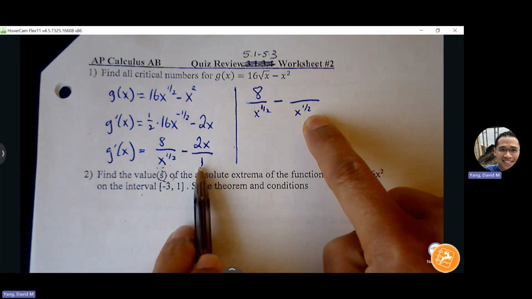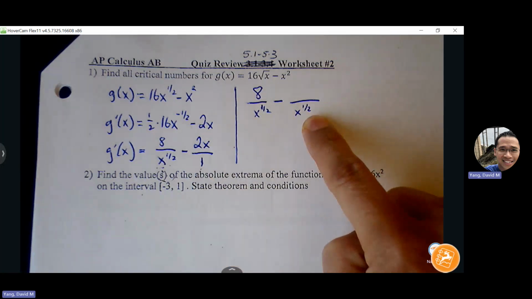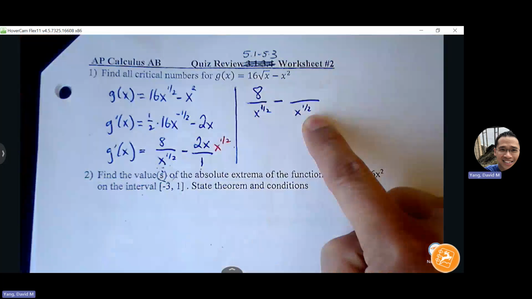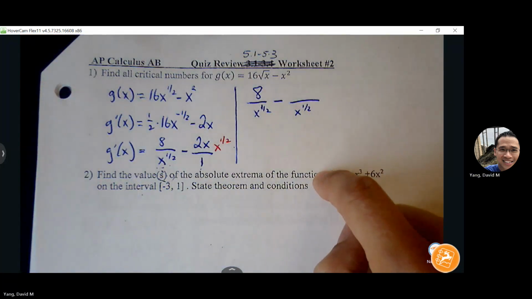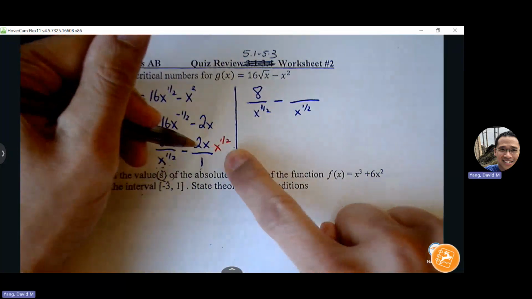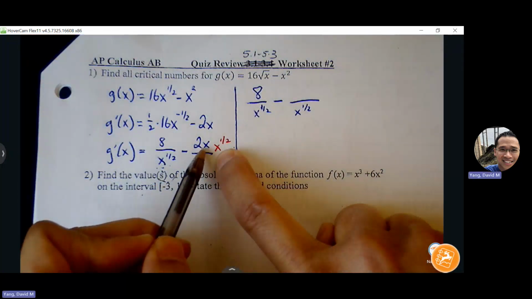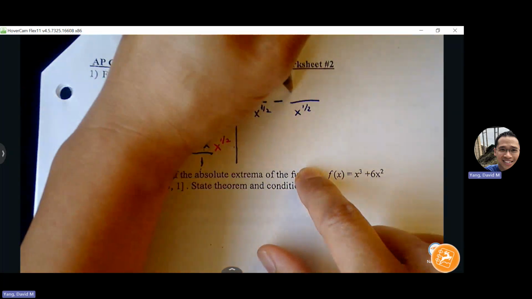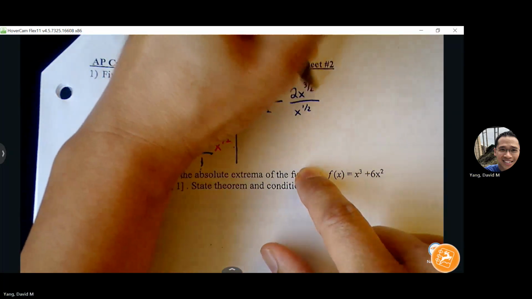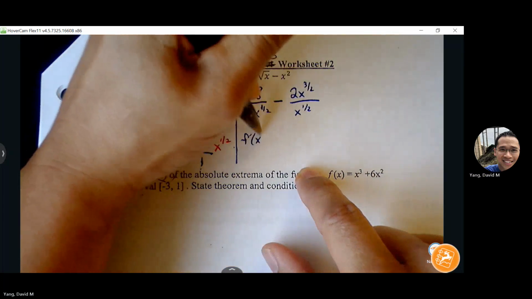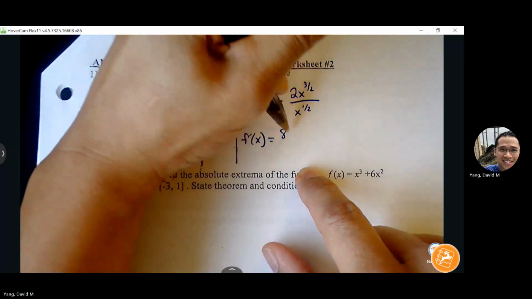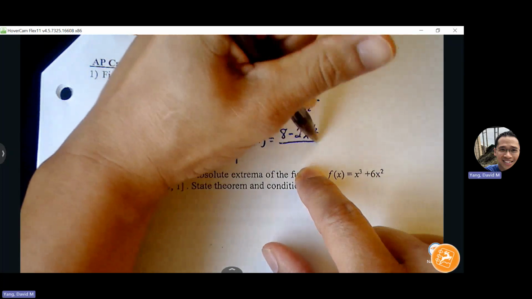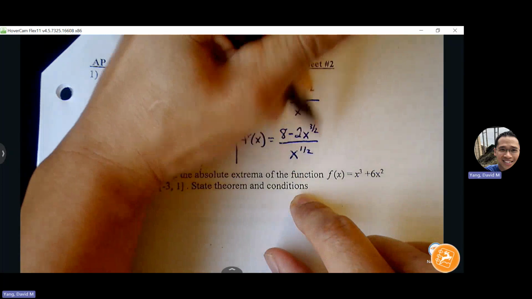I'll have to multiply by x to the 1/2 to reach that new denominator. So that's what I need to do with the numerator as well. You multiply the top by x to the 1/2. So 2x times x to the 1/2. If I multiply x's, I add the exponents. So 1 plus 1/2 is 3/2. So this allows me to create one fraction now that I have a shared denominator.